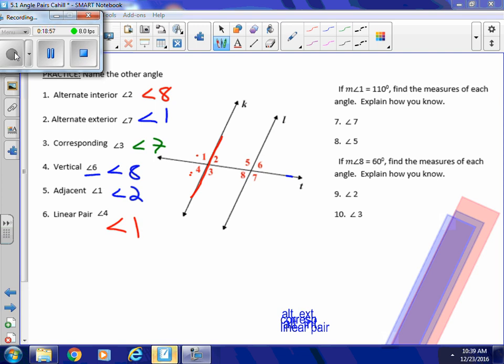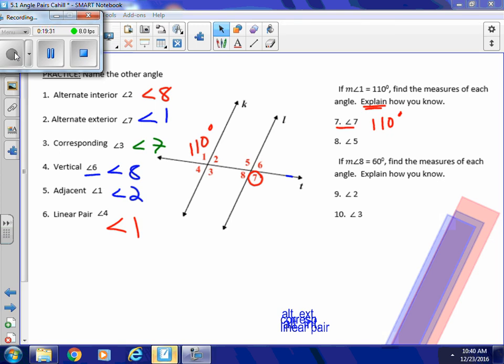Okay, now let's go to the second part. If the measure of angle 1 is 110 degrees, then let's find the other measures. So I'm going to put in my 110 degrees here, and I'm going to find the measure of angle 7. Plus, I must explain my reasoning, how we know. Our reasons come from our notes that we've already taken. So what's the measure of angle 7? Well, I know that angle 7 is going to be 110 degrees.